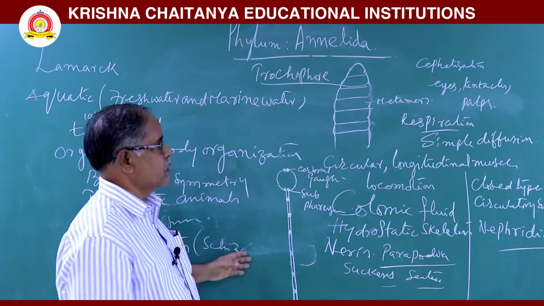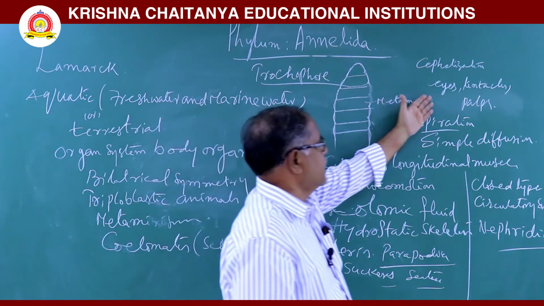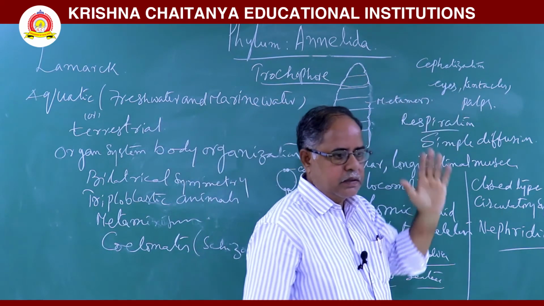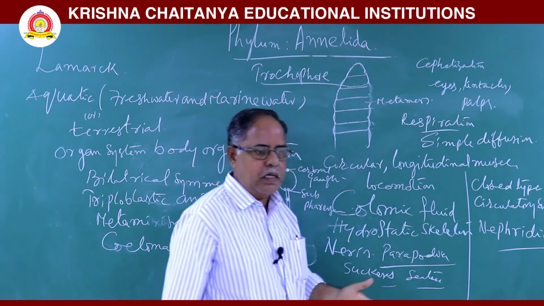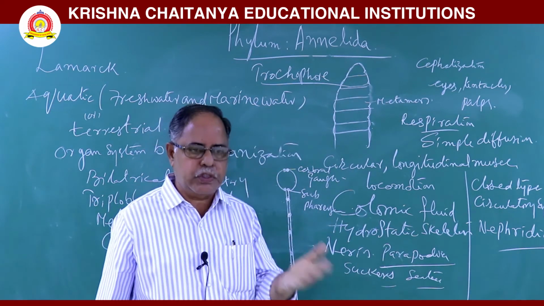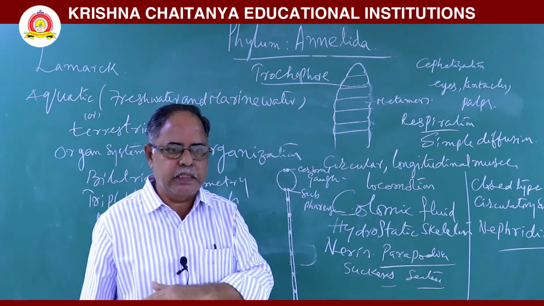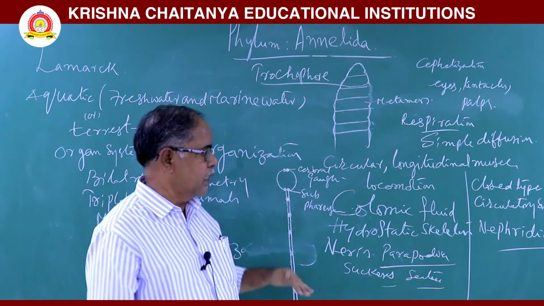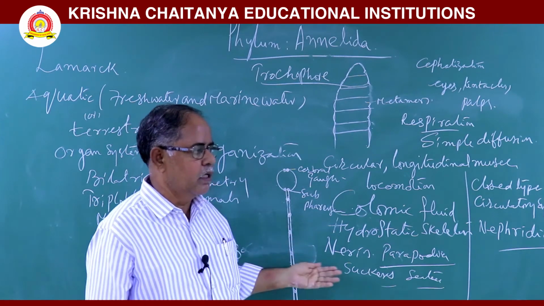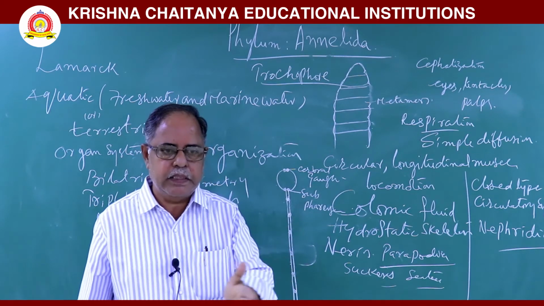Next, sensory organs are there: eyes, tentacles and palps. Sexual reproduction occurs. Some are dioecious, that is unisexual animals. Some are monoecious, that is bisexual animals or hermaphrodites. In dioecious animals, the development is indirect.